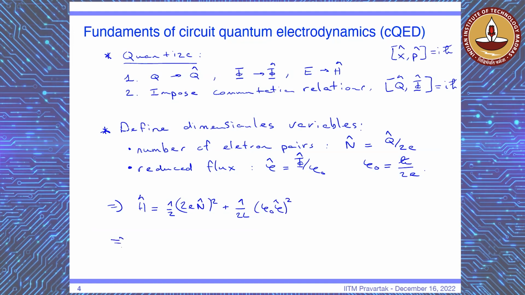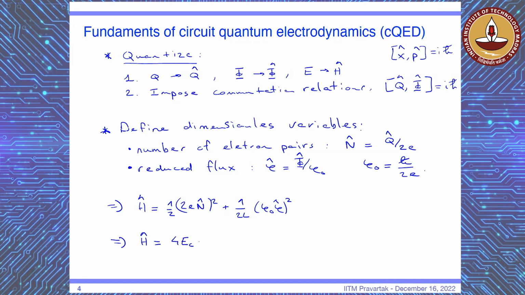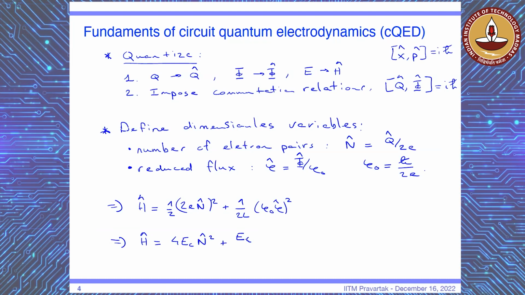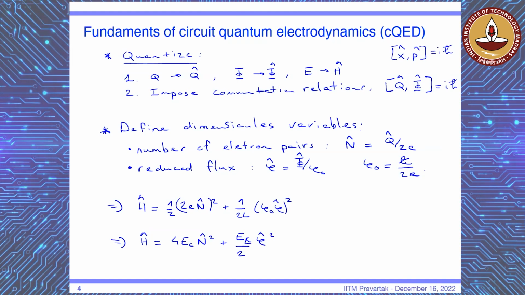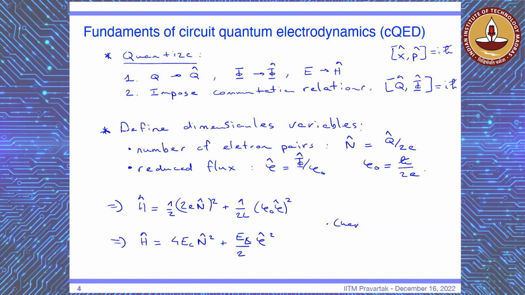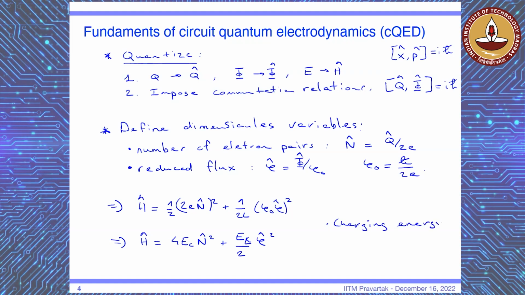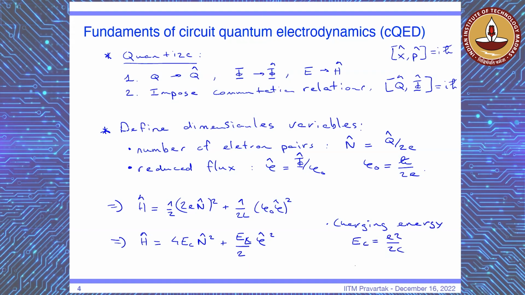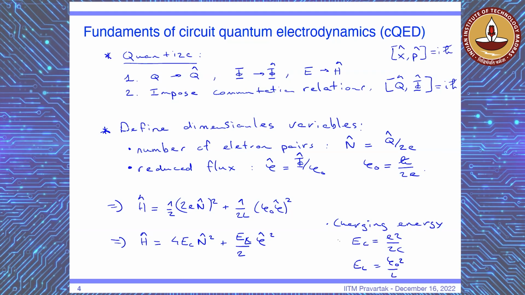Okay, so we obtain a Hamiltonian which looks like this: E_C n squared plus an inductive constant over 2 times the flux squared. This is the same Hamiltonian. I'm just rewriting things. So this E_C is what I've defined as a charging energy. E_C equals e squared over 2C. And E_L, I've just rewritten. Okay.